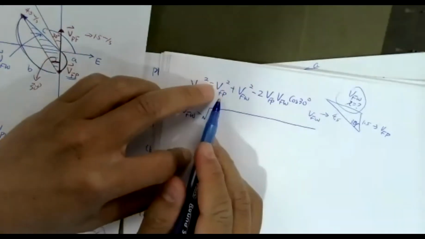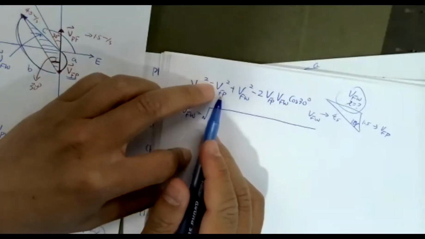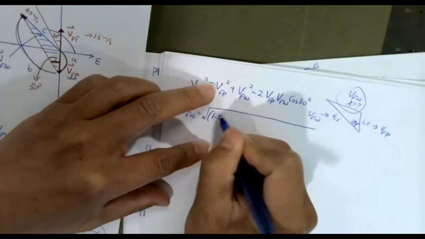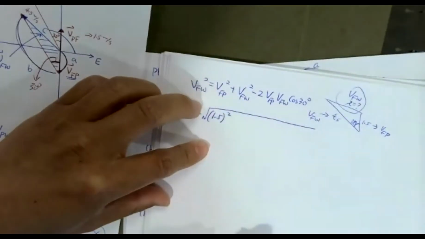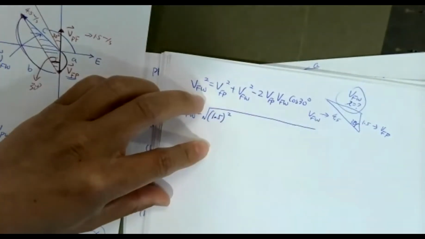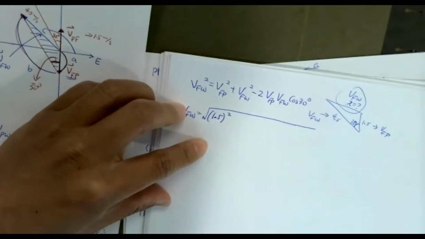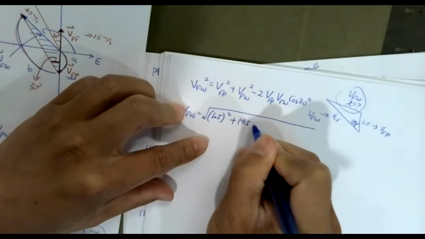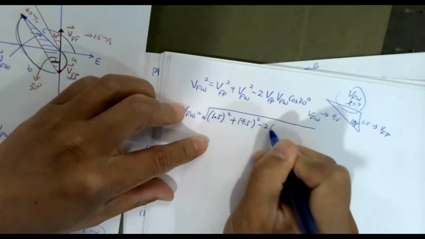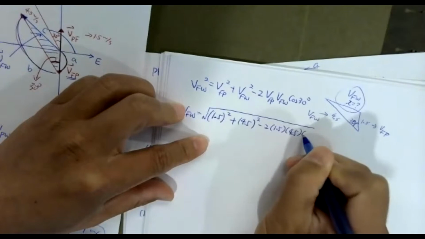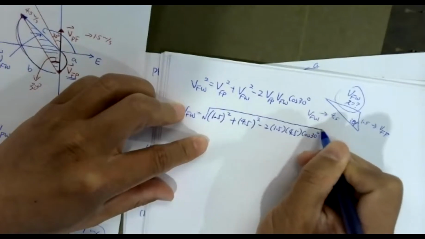So we can take a look there. For the ferry to person or person to ferry, the magnitude is 1.5. So 1.5 squared, okay? I'm not going to write the units right now because I know they are all in meters per second, so my result should also be in meters per second, okay? Plus 4.5 squared minus 2 times 1.5 times 4.5 times cosine of 30 degrees, okay?